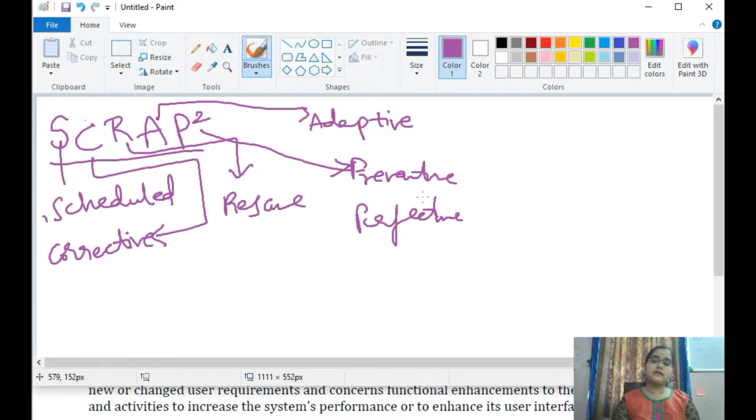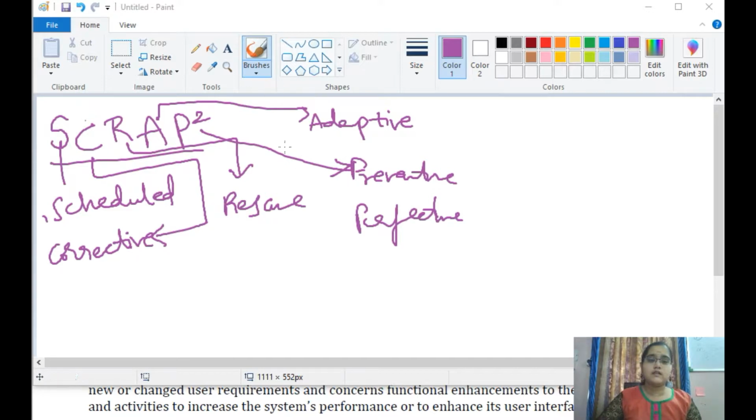Then comes preventive maintenance. In preventive maintenance, you check that the system is not being affected by any malfunction. It is focused on improving system maintainability, and preventive maintenance increases the operating capacity so that, as the system evolves in future days, it will meet the requirements of the management and the user.